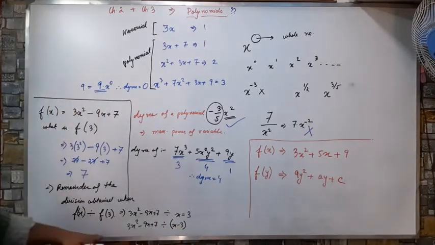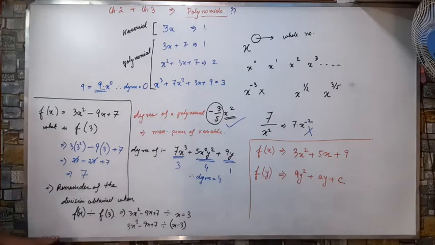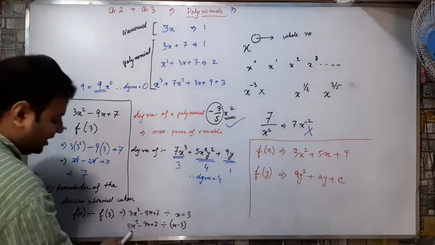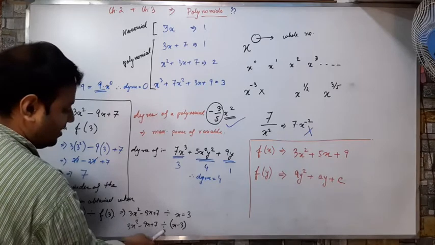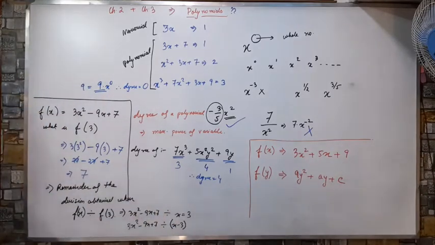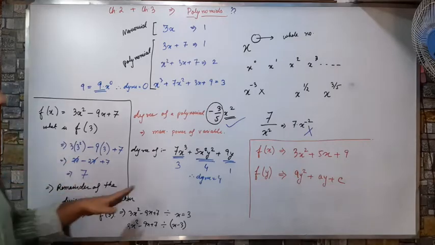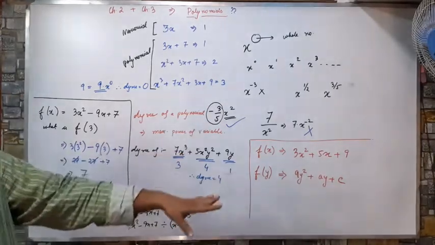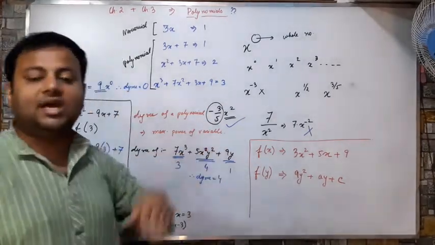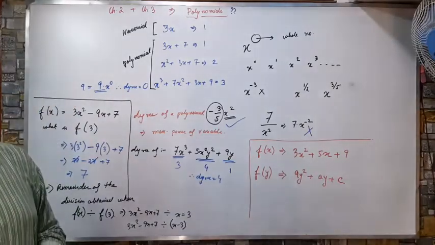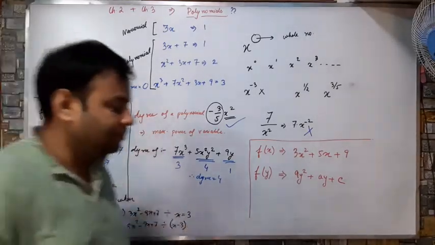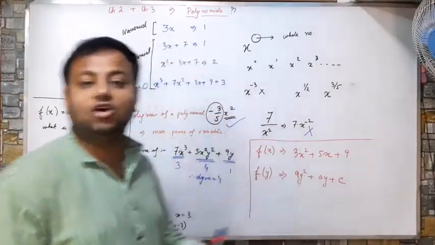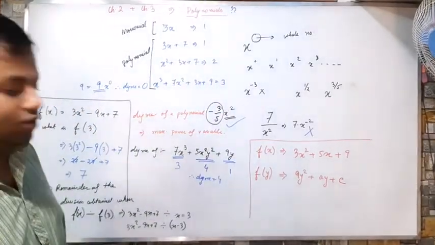So this is our remainder when this 3x square minus 9x plus 7 will be divided by x minus 3. Okay, so this is the purpose of writing a polynomial in this form, f(x) or f(y). Correct. Next we'll move on to remainder theorem or factor theorem.